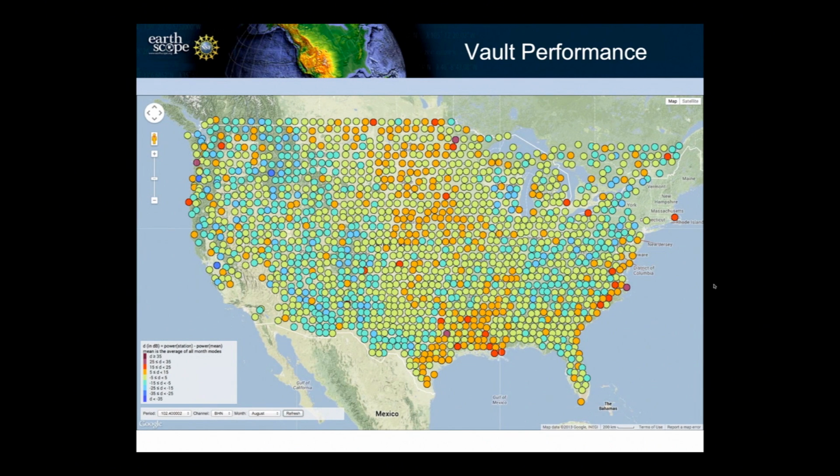And you can see that this is for the BHN channel for over 100 seconds. And you can see how this performance varies across the array, particularly stations in the mountains where there is less oceanic noise permeating and less cultural noise tend to have better noise performance for this range.